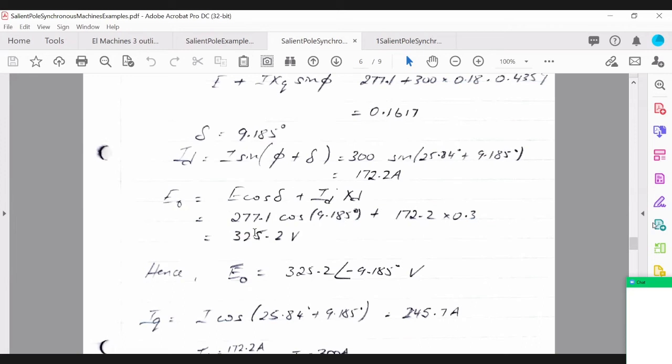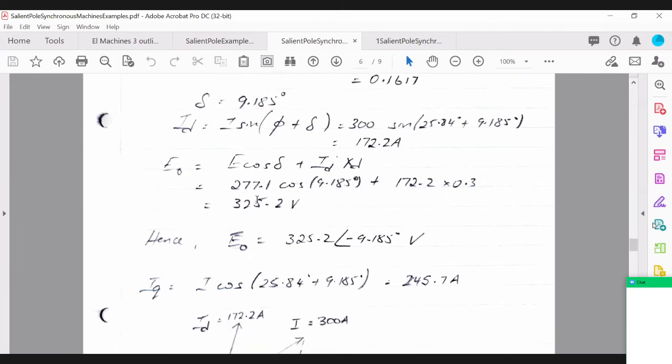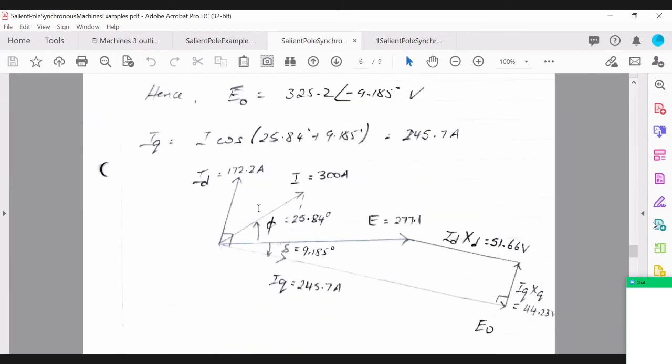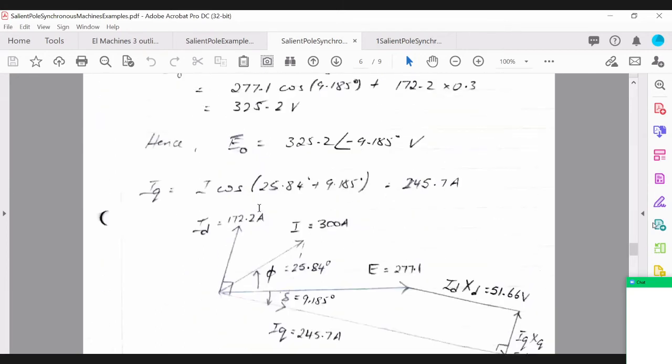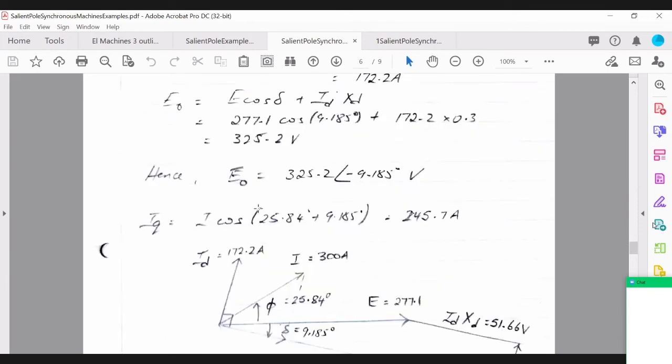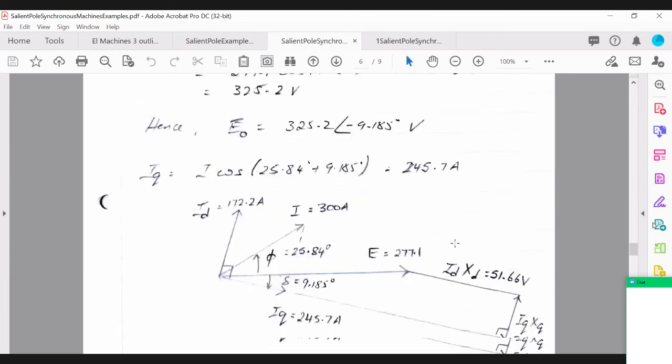Okay, so I've also worked out IQ, so that will be I cos of the sum of delta and phi. So that's your phi and that's your delta, and you get your IQ.